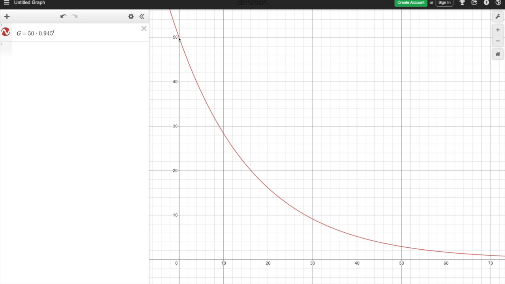We start here with 50 grams of tritium, and after 40 years, there's much less remaining. So this point is about 5 grams of tritium. So over 40 years, we now have 1/10 of what we started with.